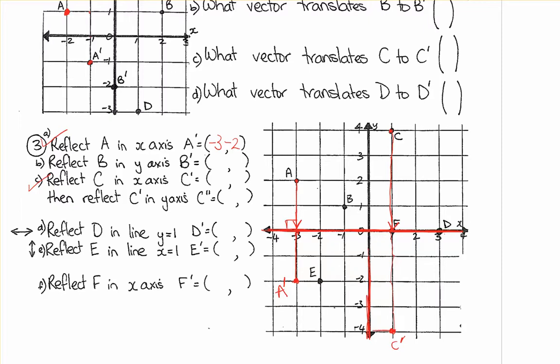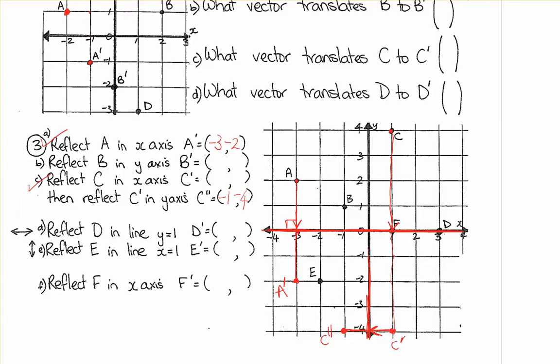From this point here we're going into the mirror 1 square, out 1 square, and C double dashed will appear to be back here. Now the coordinates of C double dashed, the x coordinate always comes first in the coordinate pair, so the x coordinate is minus 1 and the y coordinate is minus 4. Now you can pause and have a go at B.